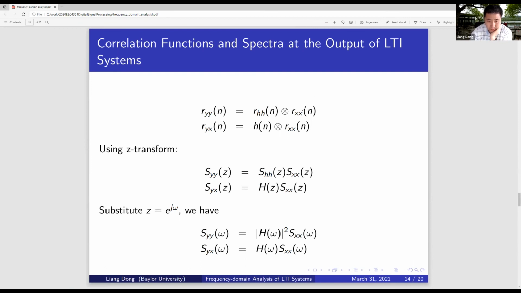So now we can also talk in the format of autocorrelation of a system, a linear time-invariant system, h. So this is an LTI system, represented with h[n]. Input signal is x, output signal is y. We know that this is a convolution, h convolved with x.